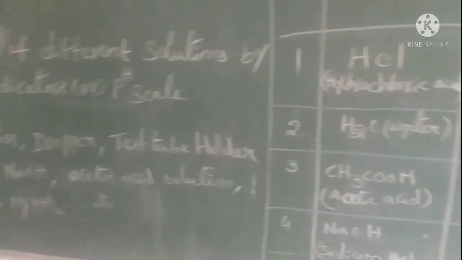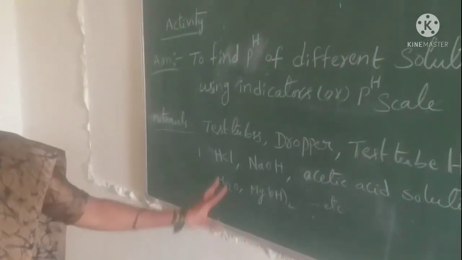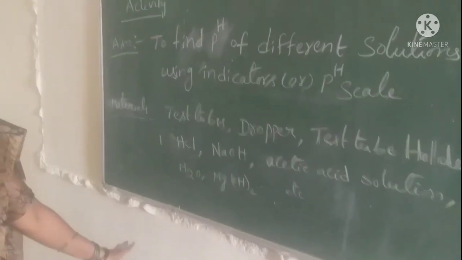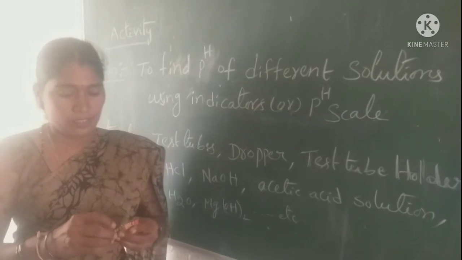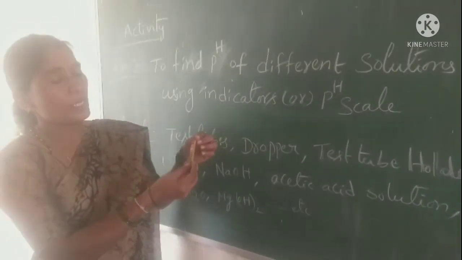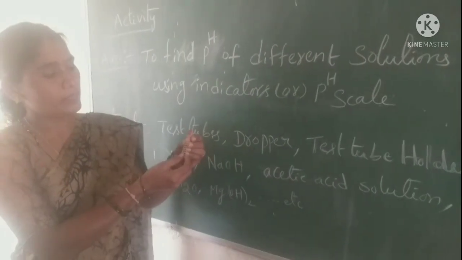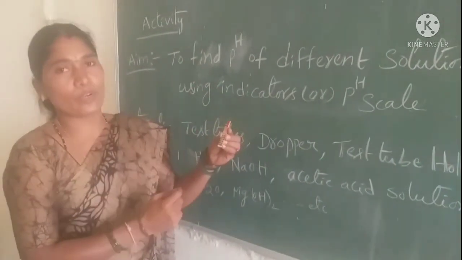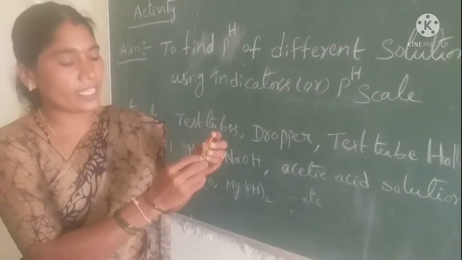Now, in this activity, this is pH paper. Its numbers here show only 1 to 11, but actually it is 0 to 14.